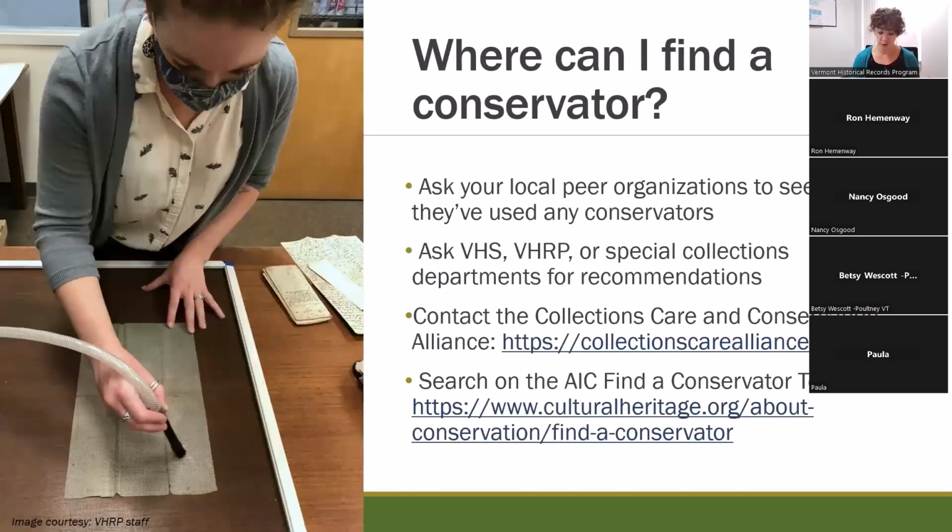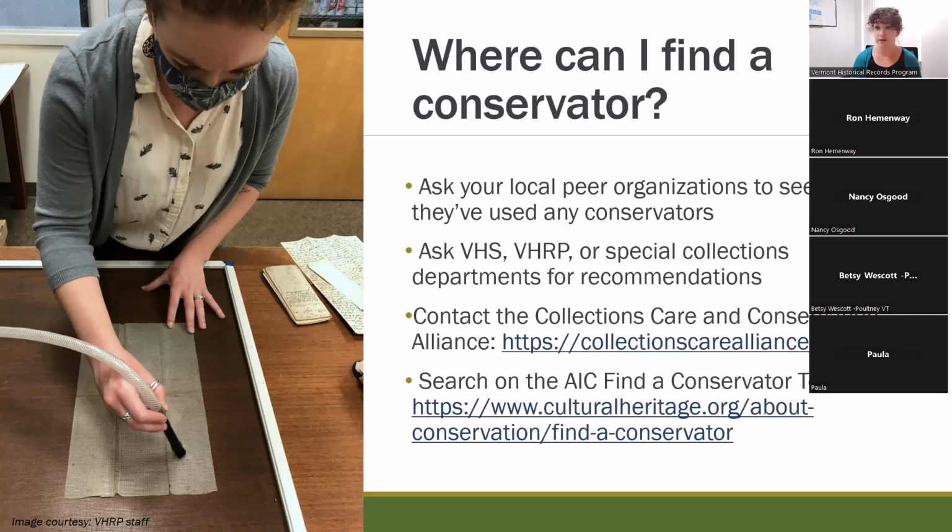So you've set your priorities, and maybe you do have something that you want to have conserved. You're ready to work with a conservator, but where can you find one? When looking for a conservator, first start with who you know. Ask for referrals from other local cultural heritage organizations, other types of organizations like yours that maybe have had materials conserved.